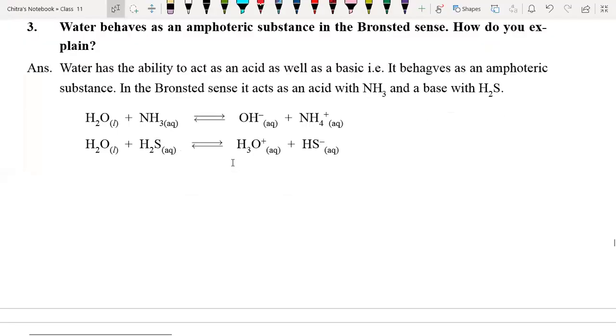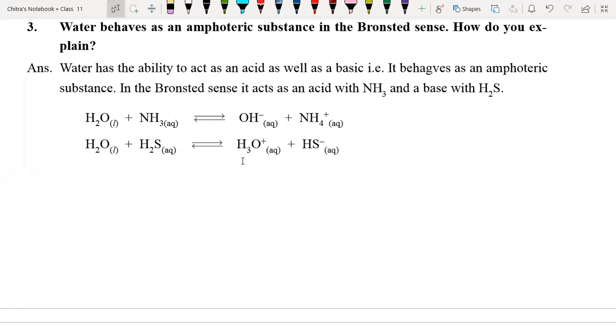Now we are going to understand the amphoteric nature of water. Do you know what an amphoteric oxide means? Neither acidic nor basic. Or else we can say those substances that react with acid as well as base are called amphoteric oxides.